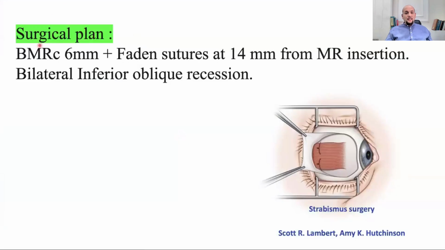The surgical plan was bilateral medial rectus recession of 6 millimeters to correct the 50 prism diopter esotropia, and I added posterior fixation sutures 14 millimeters from the medial rectus insertion to correct the convergence excess. I also did bilateral inferior oblique recession for the inferior oblique overaction.